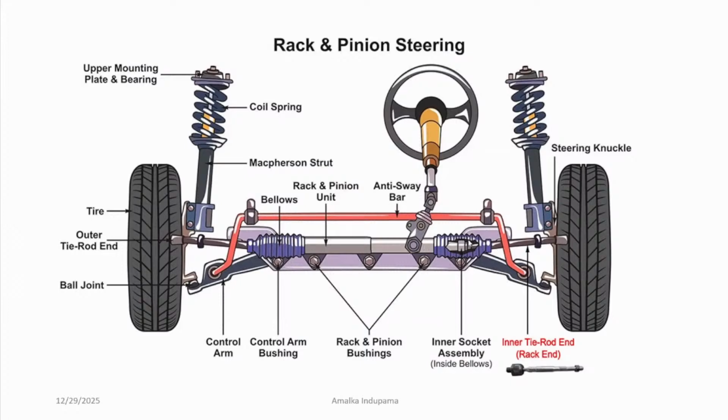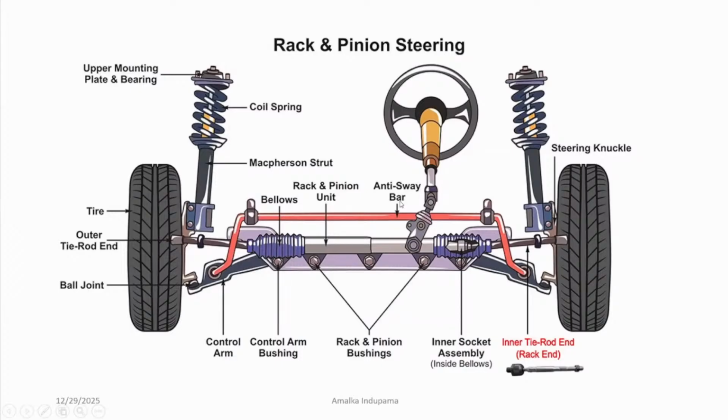So just to avoid water and dust ingression, both ends are covered with rubber bellows, or we call them dust covers, right? So those are the major components in a rack and pinion steering system, right?